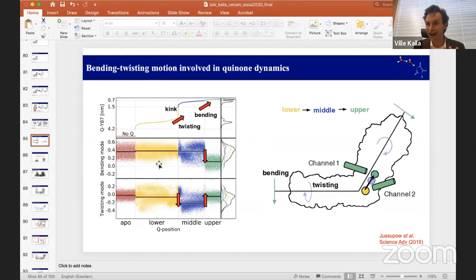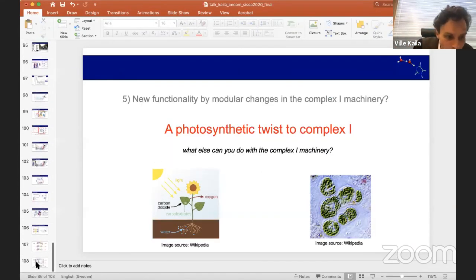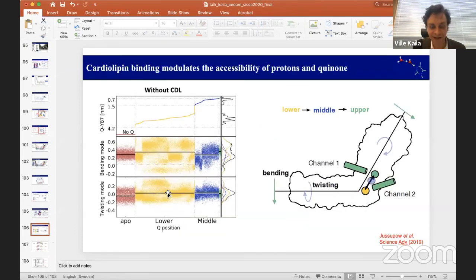Coordinated twisting and bending happens when we have cardiolipin in the system. We don't understand exactly how, but somehow the cardiolipin affects this. When we remove cardiolipin from the system, you can see they're all over the place. This is data from one millisecond of coarse-grained simulations, so we have quite a lot of sampling here.